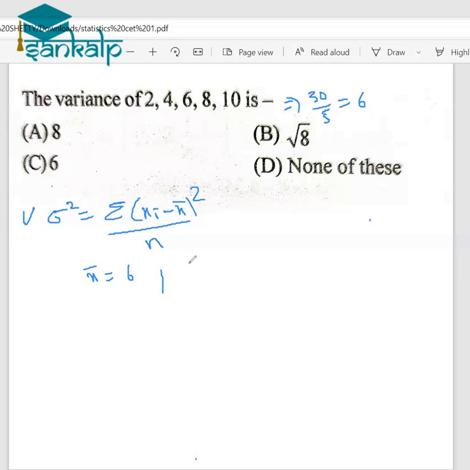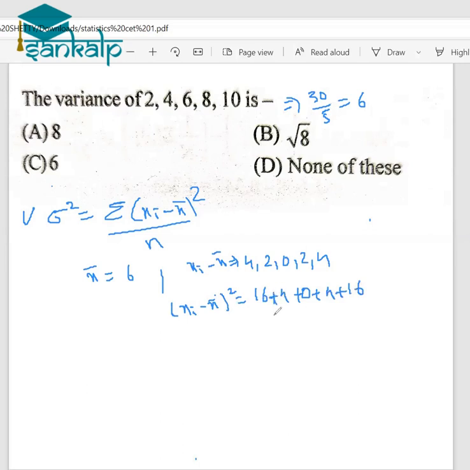Calculate the deviations, xi minus x bar. 2 minus 6 is minus 4, next minus 2, 0, 2, and 4. On squaring these deviations, (xi minus x bar) whole square, we get 16, 4, 0, 4, and again 16.